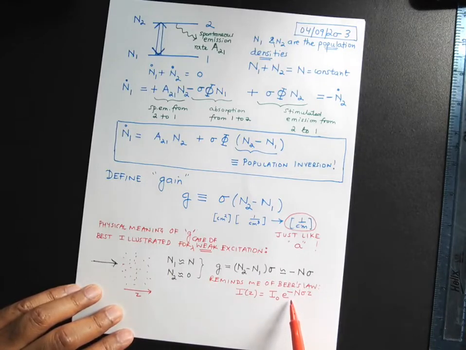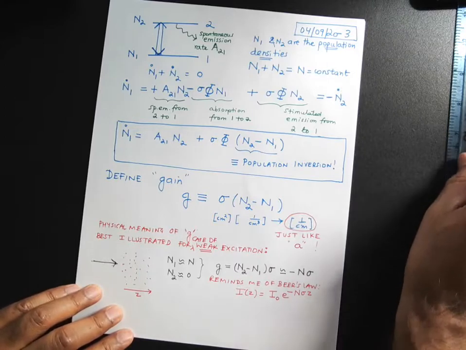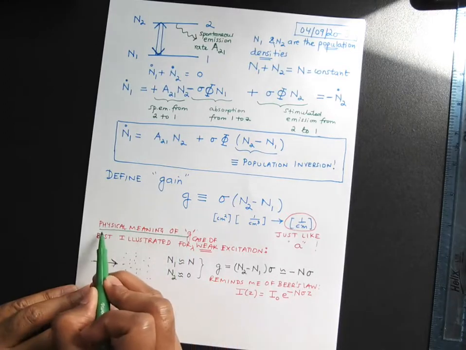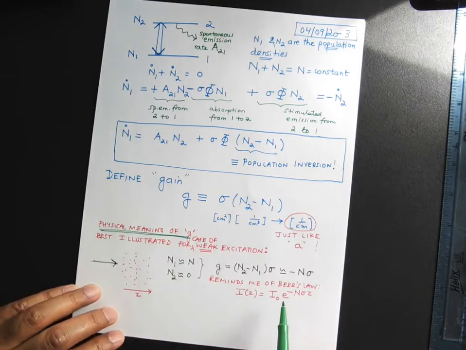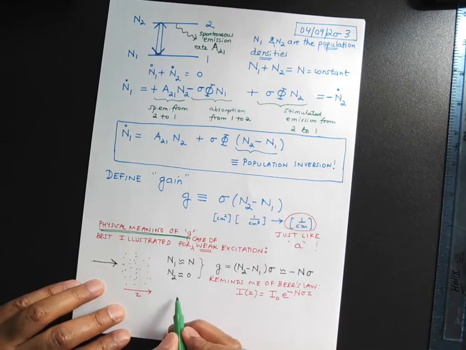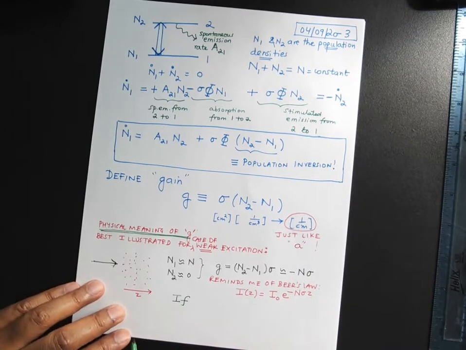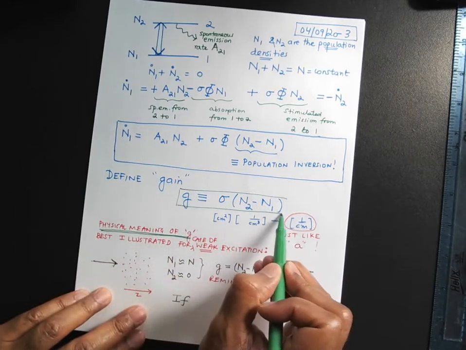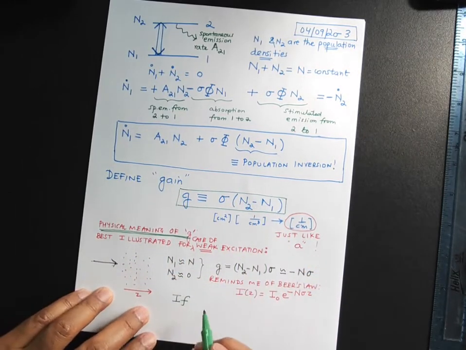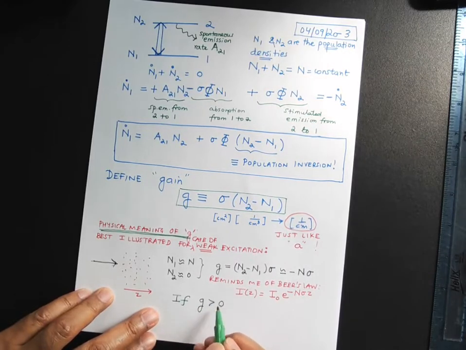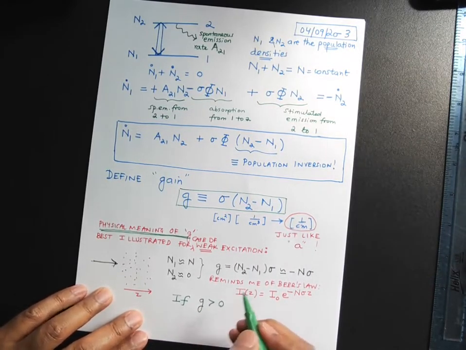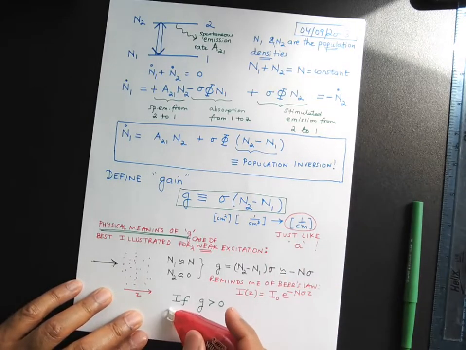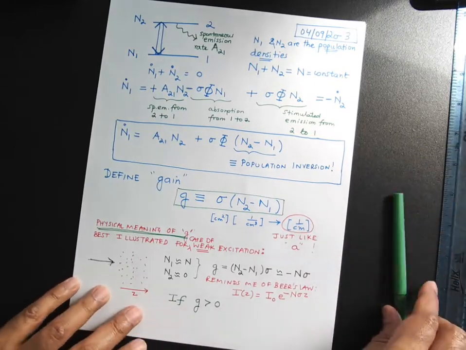Okay? Now, this is where the physical meaning of G becomes clear, that if you can make this G, as it's defined, greater than 0, and when would that be greater than 0?